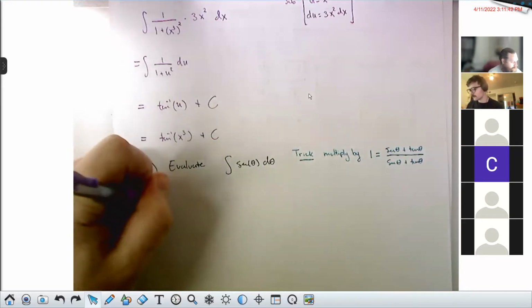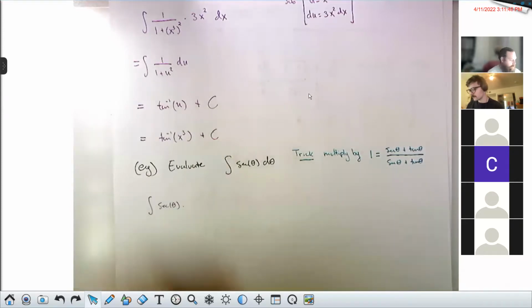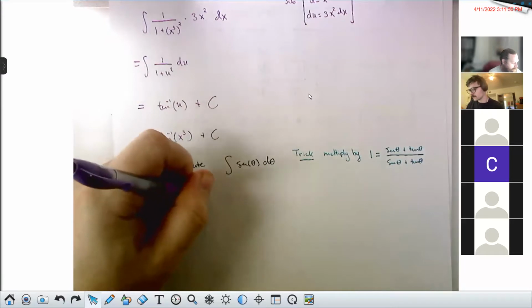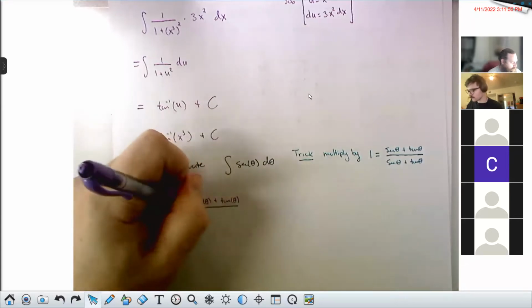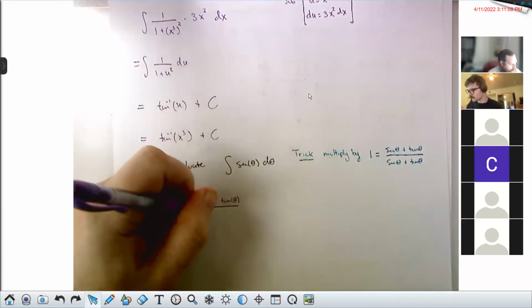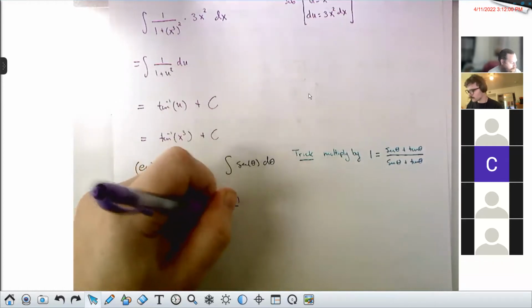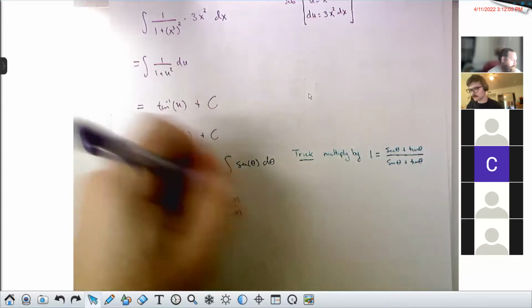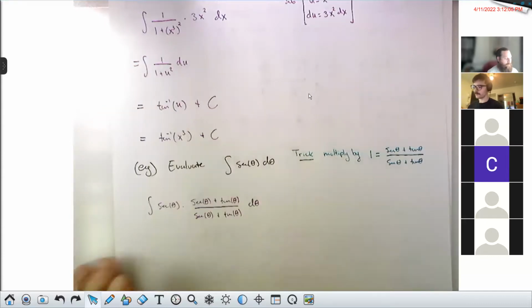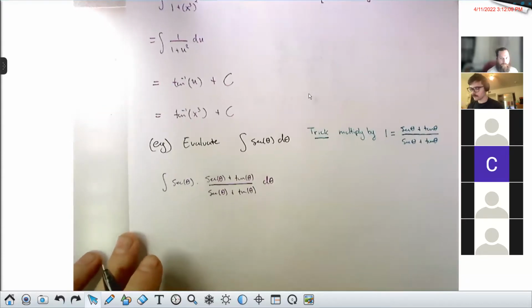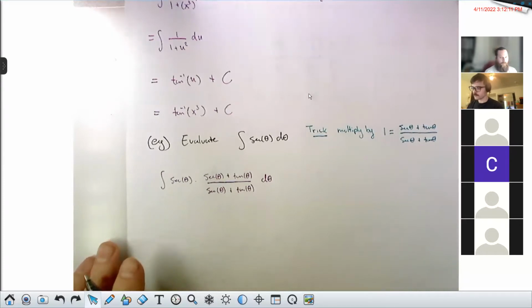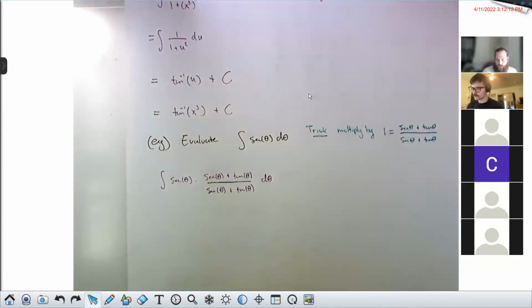So I'll rewrite the integral of secant theta as the integral of secant theta times secant theta plus tangent theta over secant theta plus tangent theta d theta. Very weird. And nobody would look at this and go, of course.